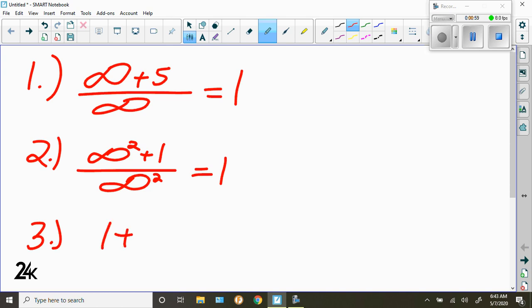Number 3, what is 1 plus (-1) to the infinity over infinity? Oh my goodness. Okay. (-1) to the infinity is just going to be 1.